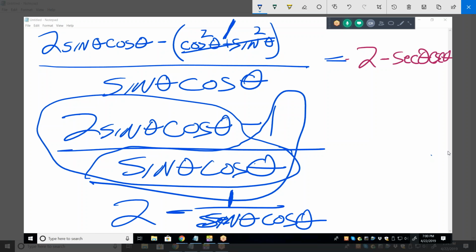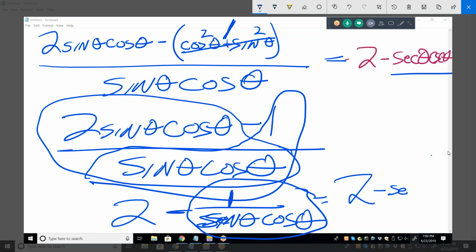You with me? This turns into that because the reciprocal of sine is cosecant and the reciprocal of cosine is secant. So this whole thing becomes 2 minus secant theta cosecant theta. Bingo.